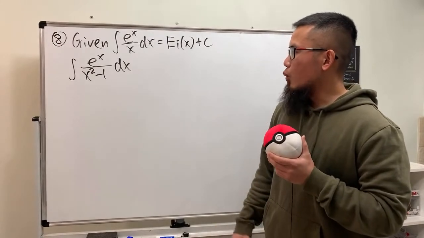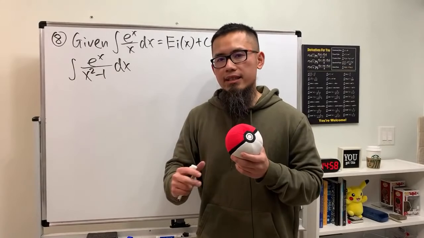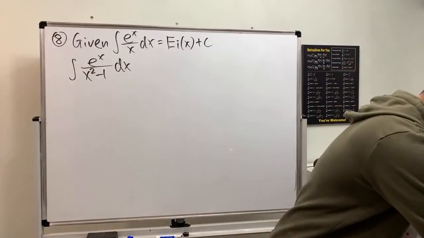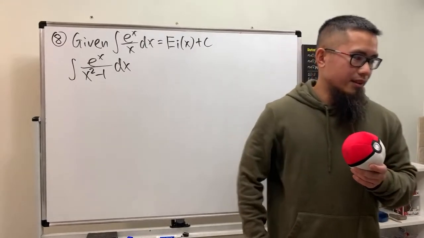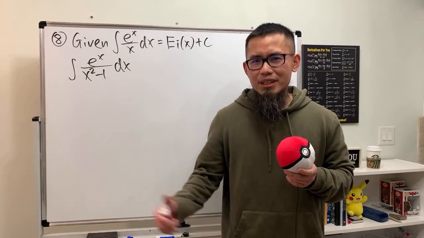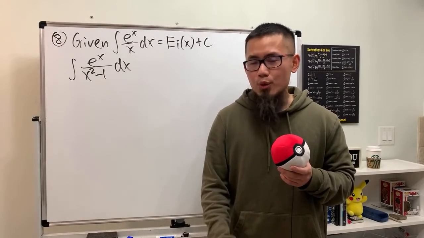So, shall we just do a u sub, let u equal to e to the x and then see what will happen? What do you guys think? Shall we just do some u sub, let u equal to e to the x and then just do what we did for question 7?